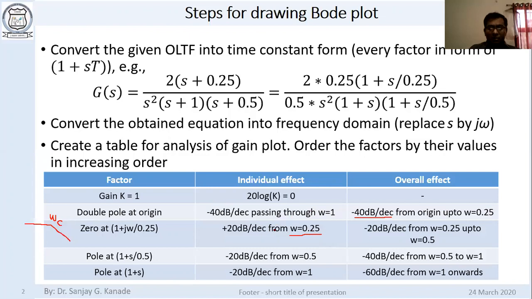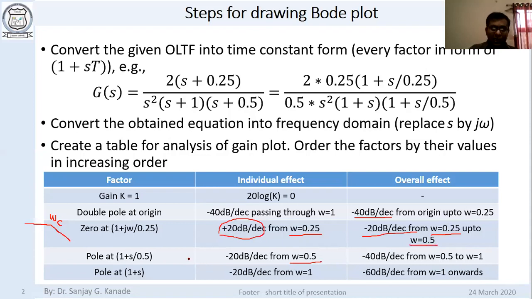Then after 0.25, this gain is getting added, right? So minus 40 plus 20, the resultant is minus 20 dB per decade, and it is obviously starting from omega equal to 0.25 and up to what? Up to the next cutoff point, means up to omega equal to 0.5.